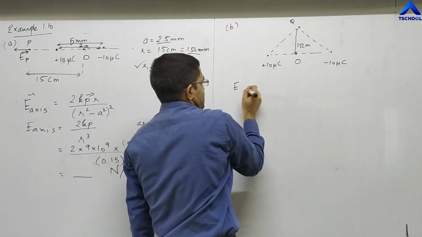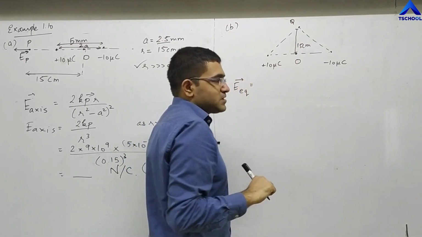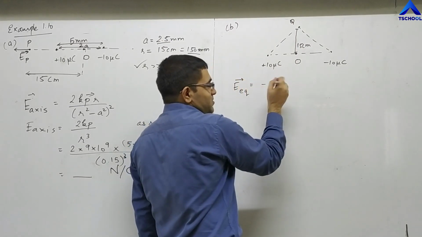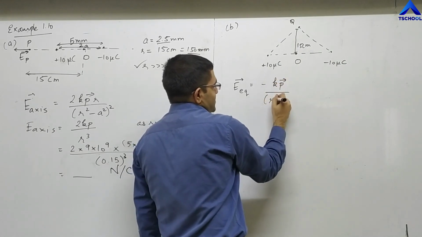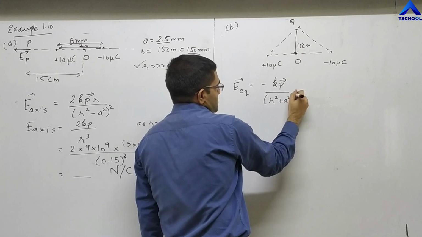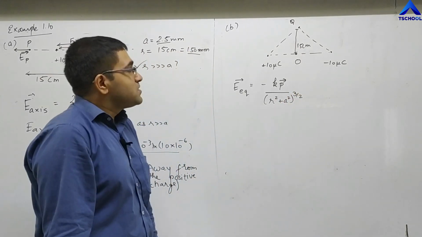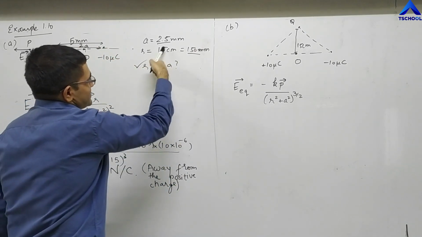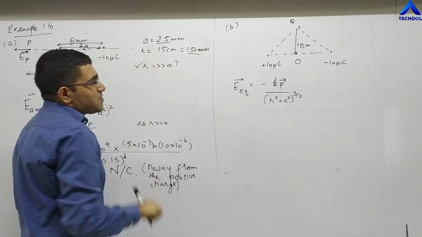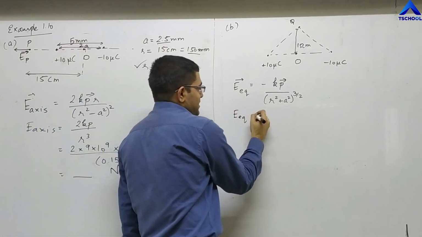The electric field on the equator of a dipole is given by, I hope you remember, minus kp vector divided by r square plus a square raised to 3 by 2. Okay, fine. And again, we are sure that 15 centimeter is very big compared to a, and that's why in magnitude I'm just going to use the special case.